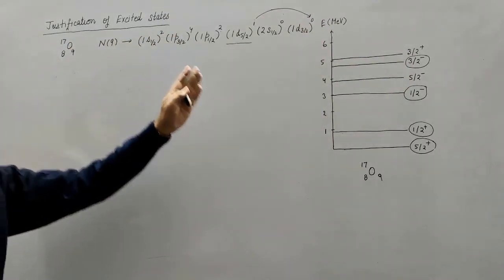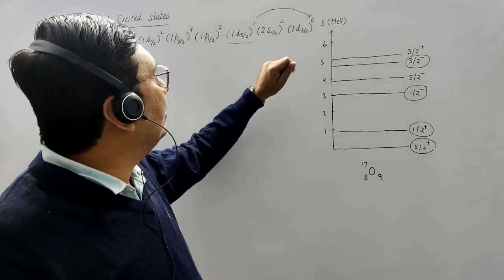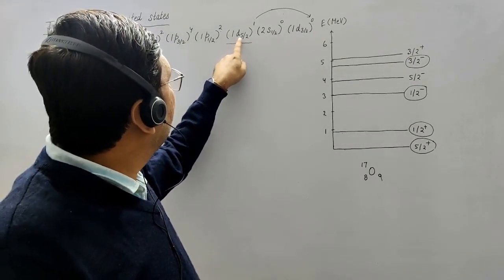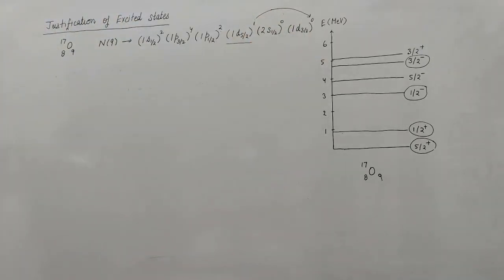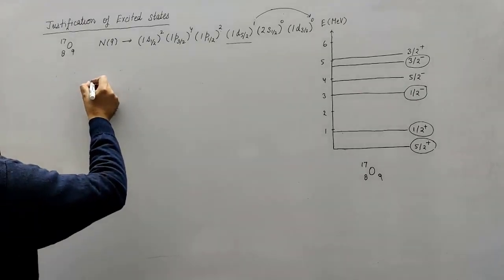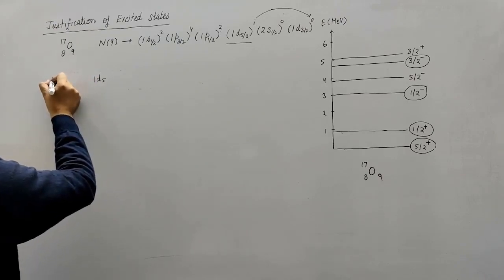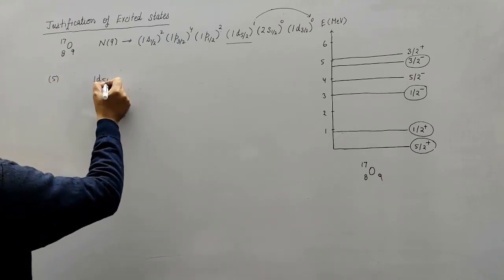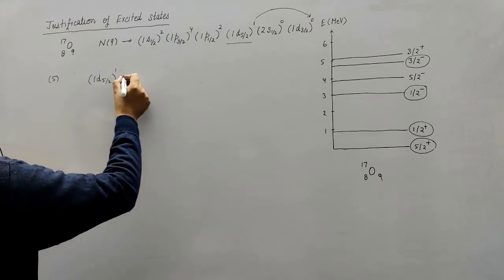From this configuration we want to find that 3 by 2 plus. How can you find 3 by 2 plus? Only if one unpaired neutron which is here jumps to 1d3 by 2, only then we can get this one. So the transition will take place like this: 1d5 by 2, here we have one neutron.